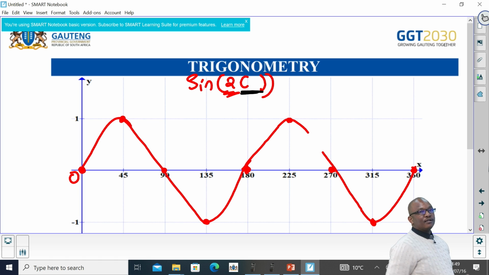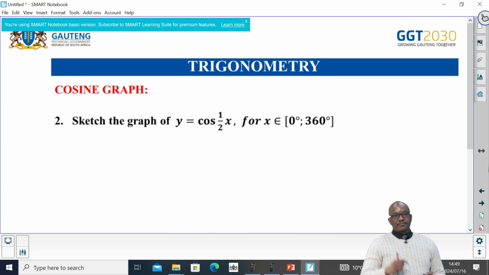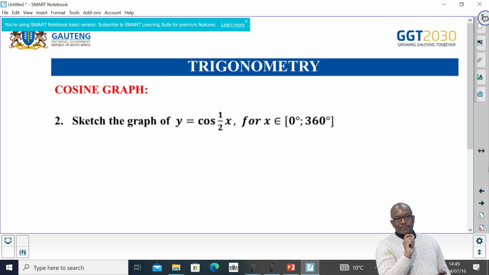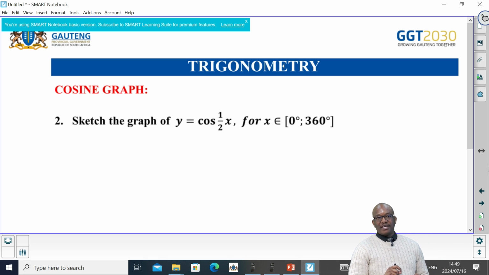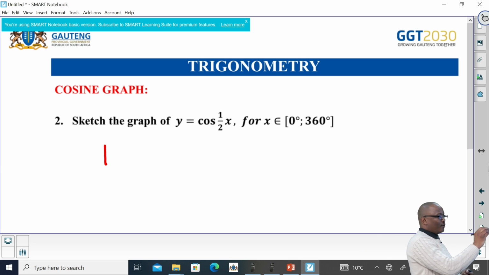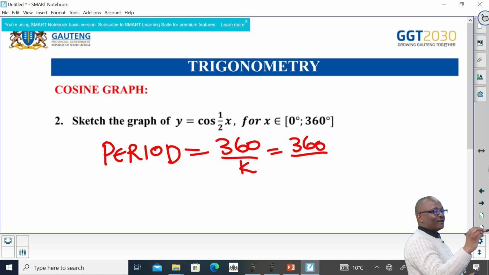Then now, let's move forward. Now, we are supposed to sketch the graph of cos 1 over 2x, for x an element of all real numbers. Remember, always, we start with our period, good people. Our period now is going to be 360 divided by k. Then now we're going to have 360 divided by 1 over 2.